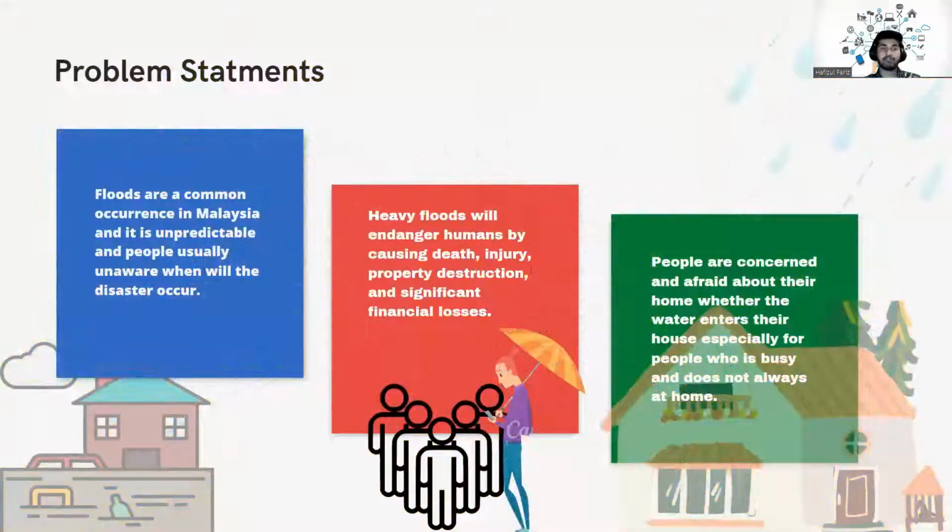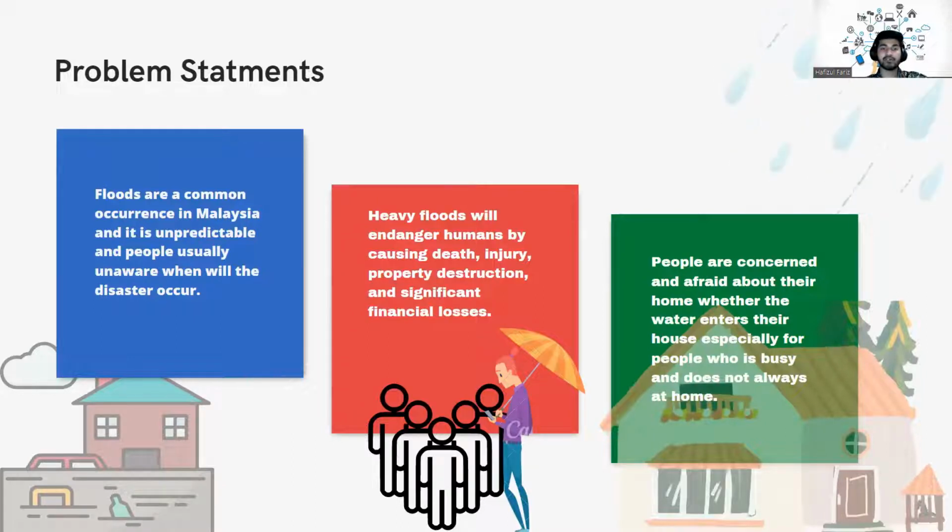Alright, so for the problem statement, there are a few problems that I figured out in order to implement this project. One of it is floods are common occurrence in Malaysia and it is unpredictable and people usually unaware when will the disaster occur.